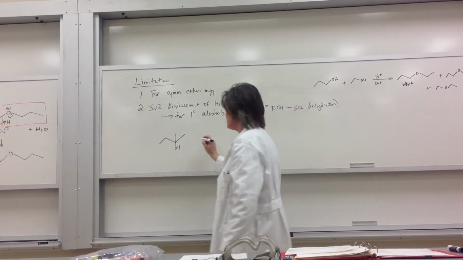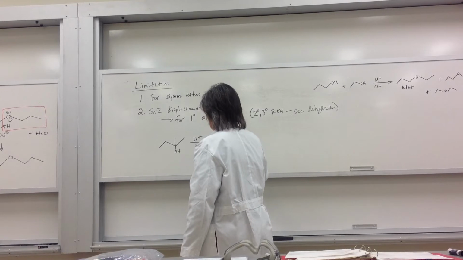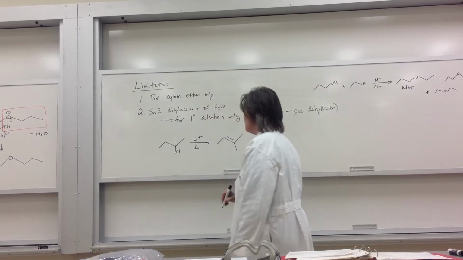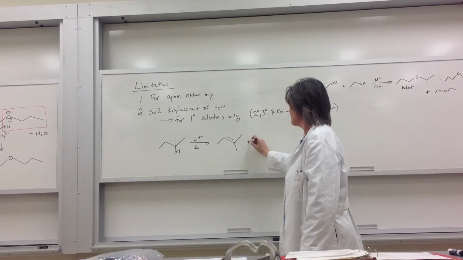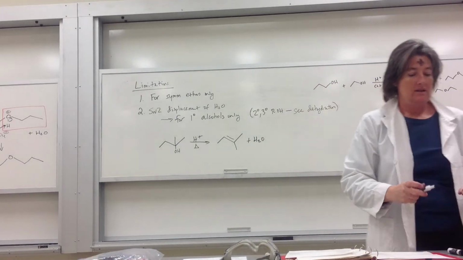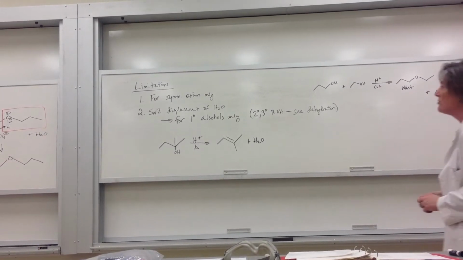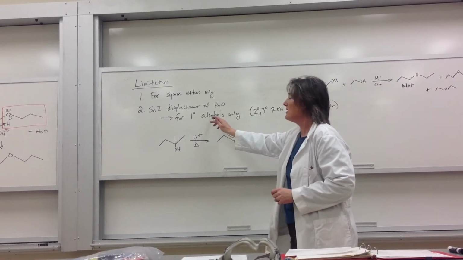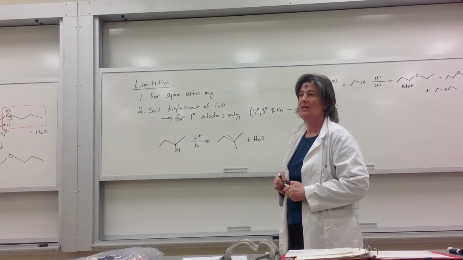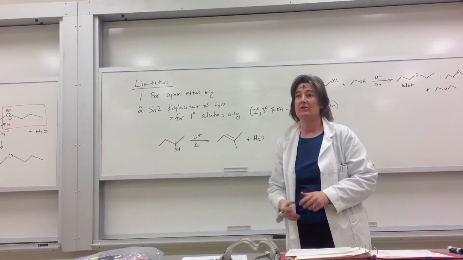What I am going to see when I mix this with an H+ catalyst and heat, well, that is all set up to give me that. And so that's a major issue. So what you really see is you see this used with only primary alcohols because they won't form carbocations very easily, and so they don't dehydrate very well.